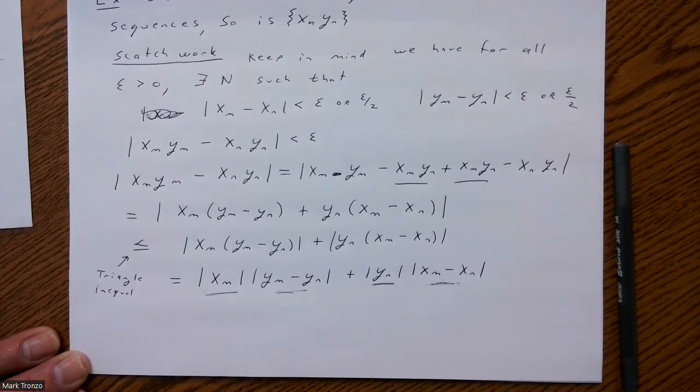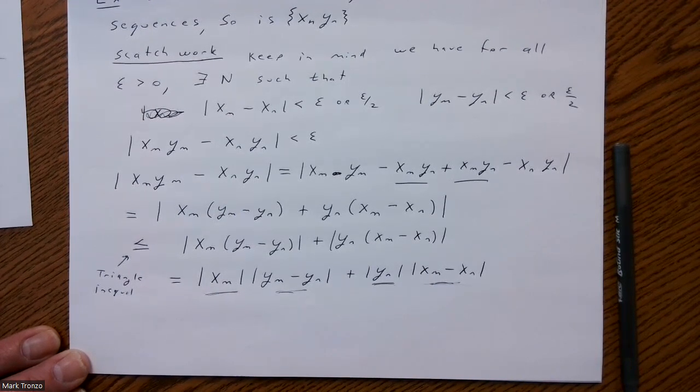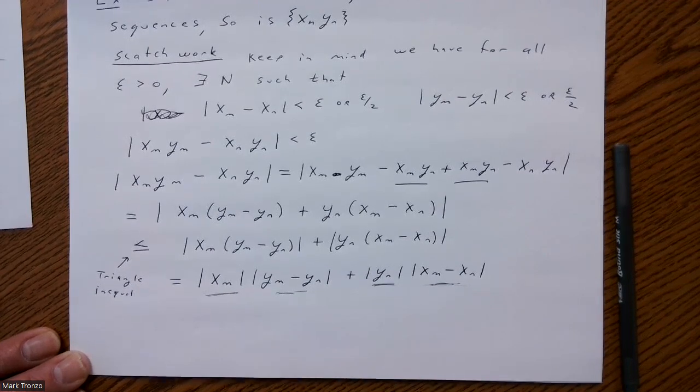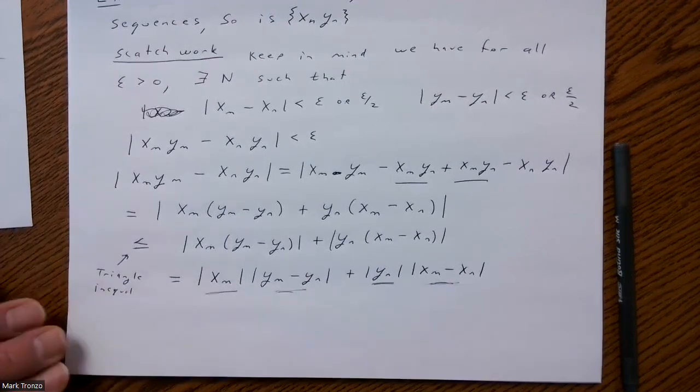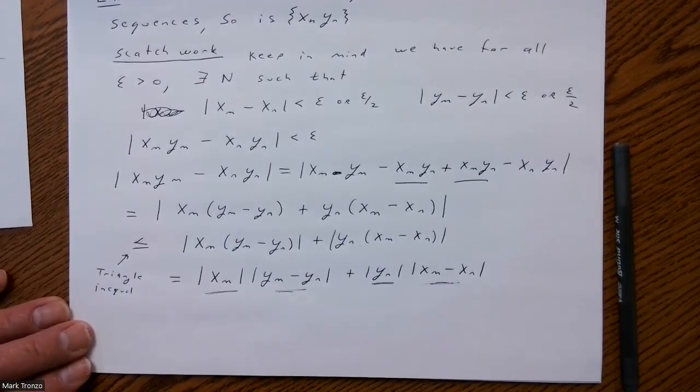It's not real obvious, but what we could say here is that because it's a Cauchy sequence, the sequence converges, and therefore we said a convergent sequence was bounded. So a Cauchy sequence is a convergent sequence, and convergent sequences are bounded.